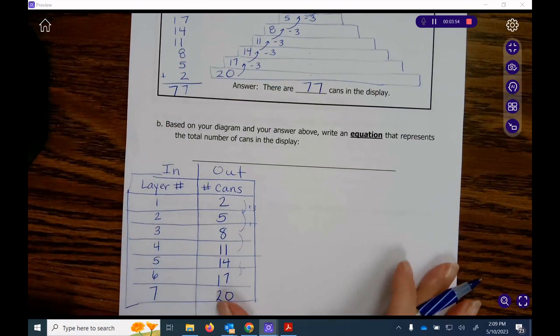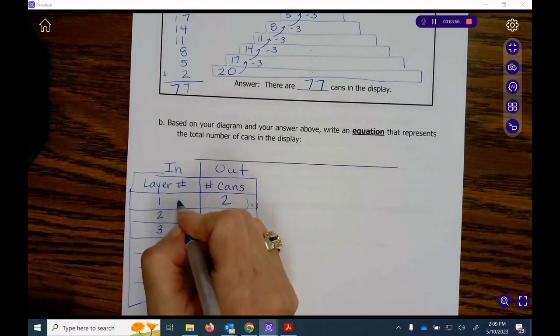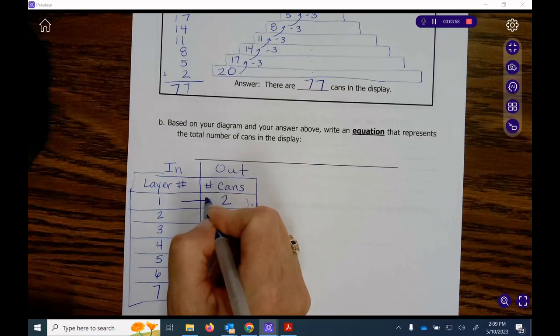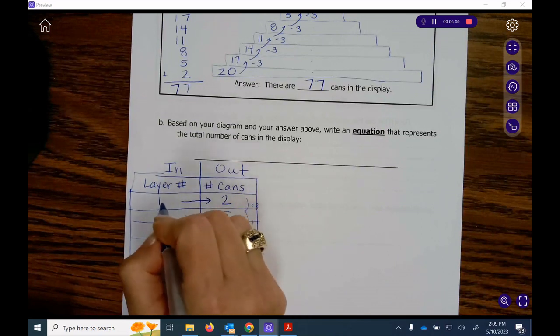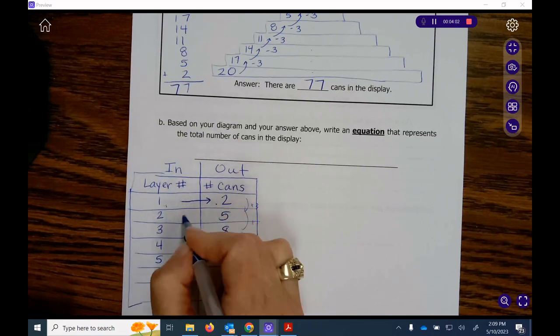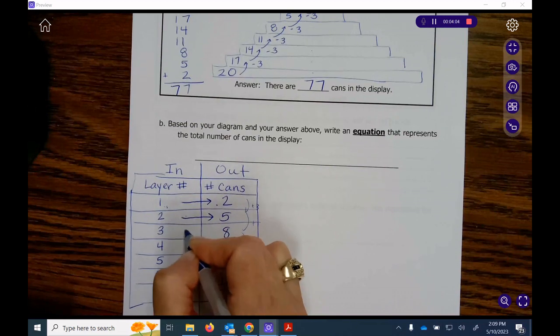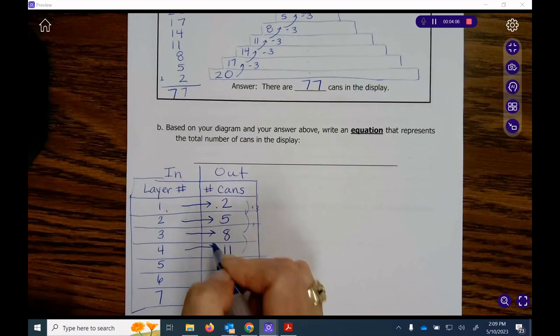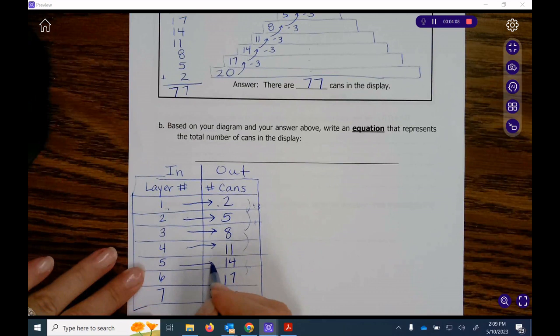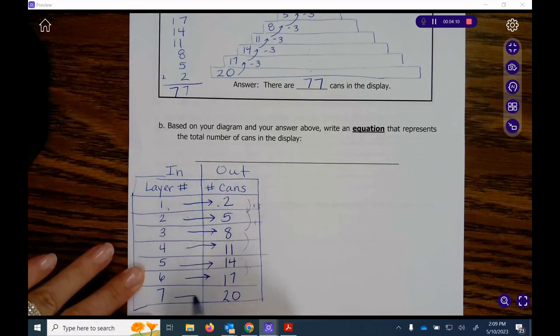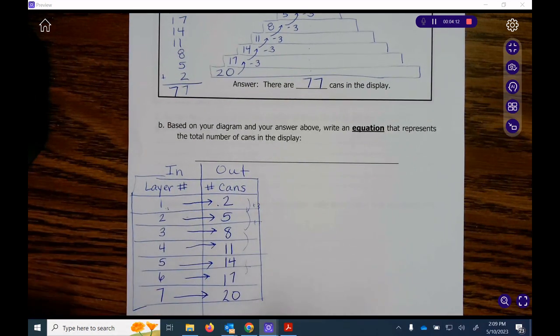But for an equation, we need to know, how do I get from the layer number to the number of cans? There has to be a consistent way to get from the in to the out. Now, you might want to pause the video and think about it, but this is what it would be.